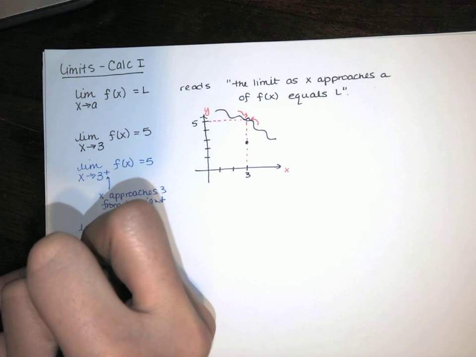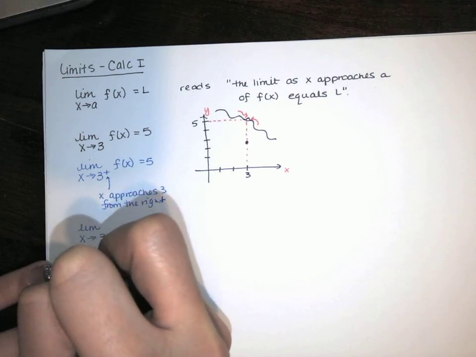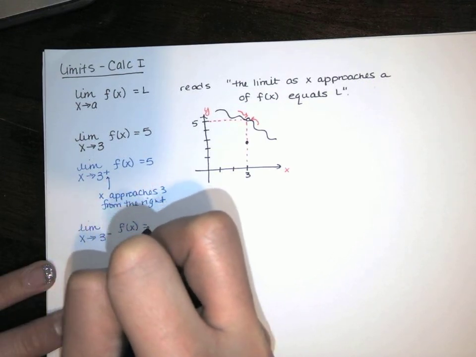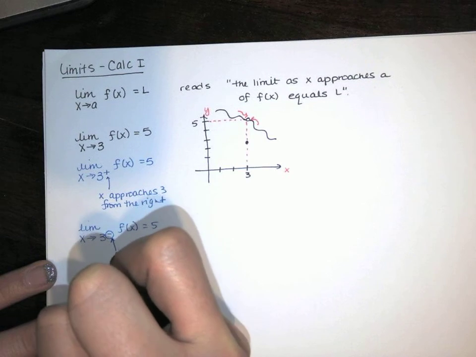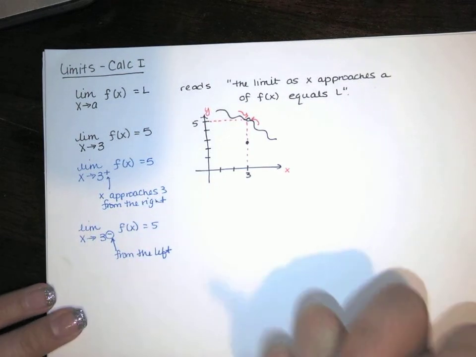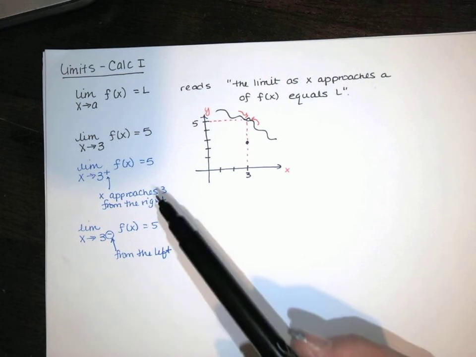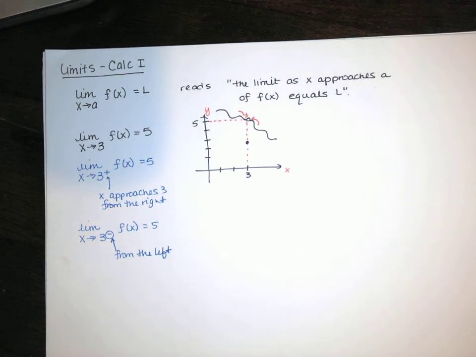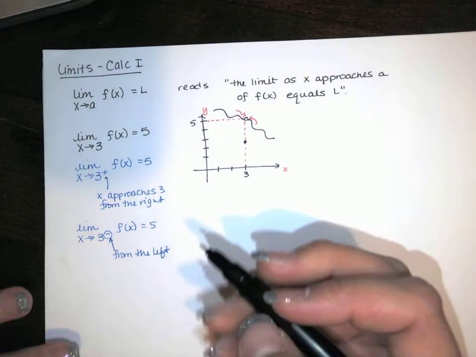Or if we used a little negative sign, that means we're approaching from the left. It's possible for the limit from the left and the limit from the right to both exist, but for those to be two different values.